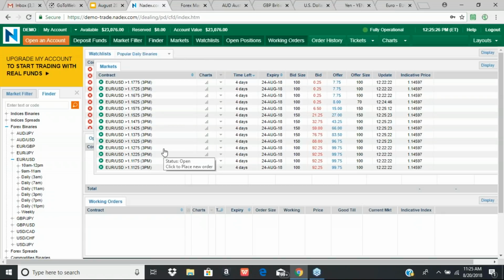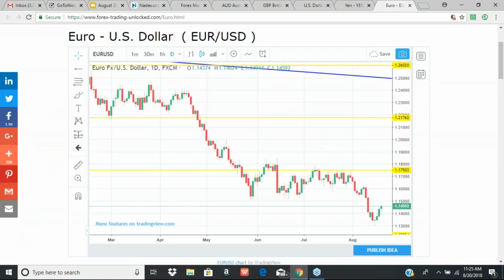So we know that within this range that we've already established, there are plenty of options available on the Nadex platform to execute certain strategies, depending on whether you're bullish or bearish. Everyone has their rationale and reasoning, and now we're going to try and figure out what we can do with that. So let's try and tighten it up. So we know that these options are available on the Nadex platform for the Euro US dollar.